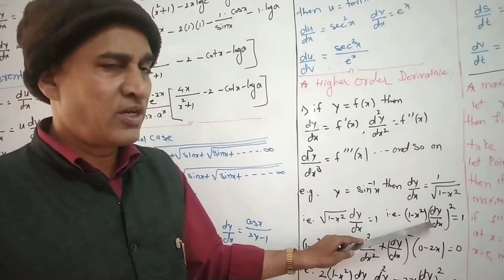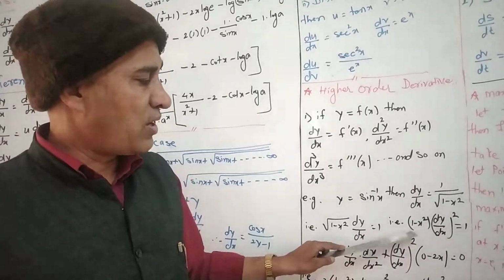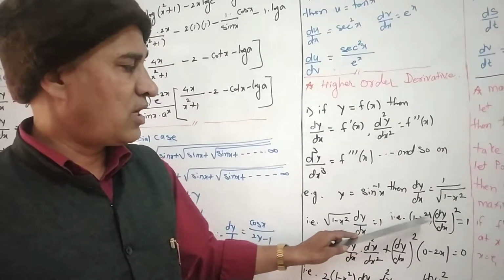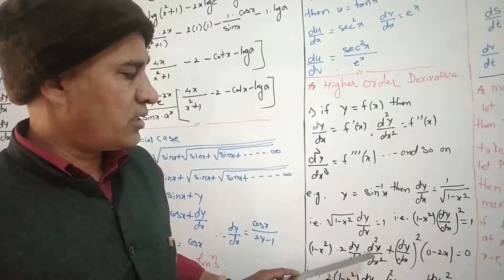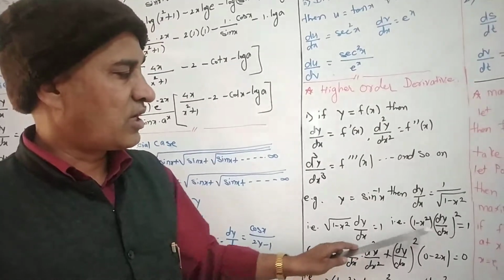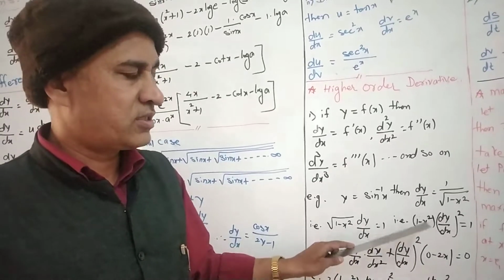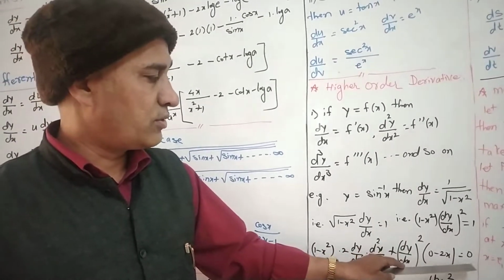Now, differentiate with respect to x again. By applying the u into v formula, first function 1 minus x square, into the derivative of the second, that is 2 dy by dx times d2y by dx2, plus second function dy by dx the whole square into the differentiation of the first, that is 0 minus 2x, is equal to 0.